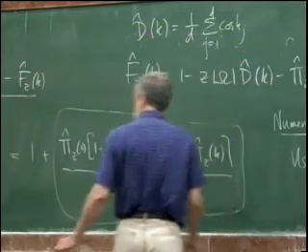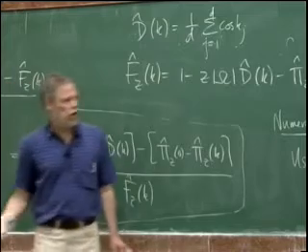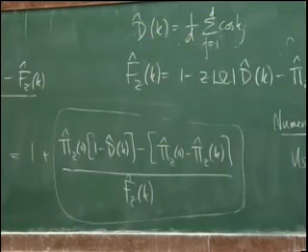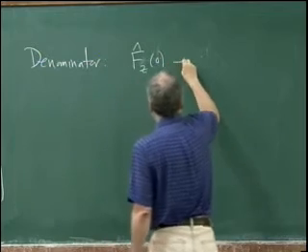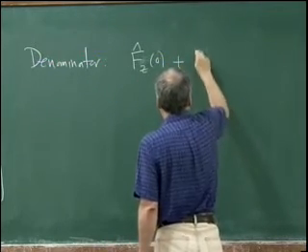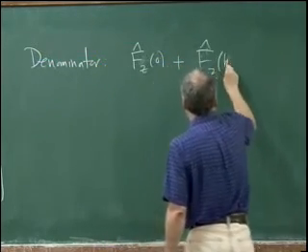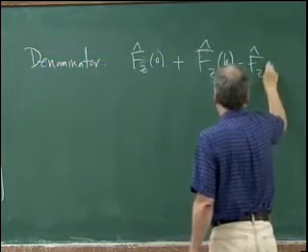So finally, for the denominator, the denominator is just what came out of the Lace expansion. So the denominator is 1 minus, well, let's write it as fz hat of 0 plus fz hat of k minus fz hat of 0.